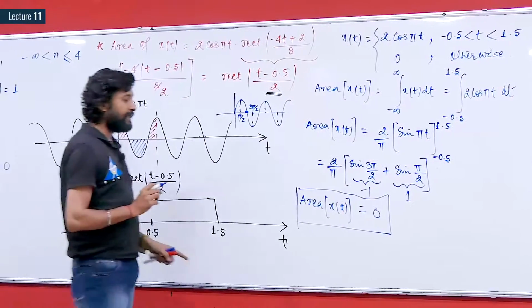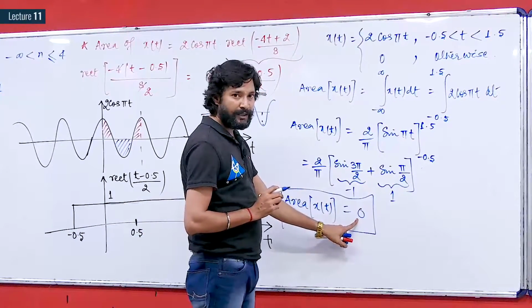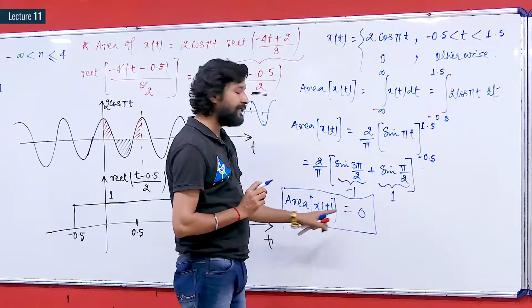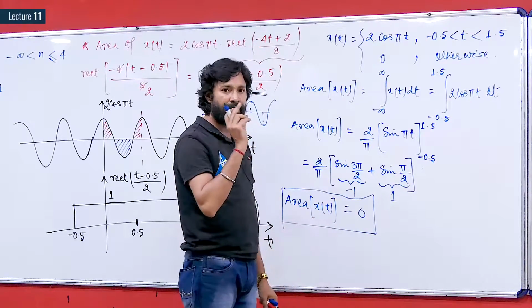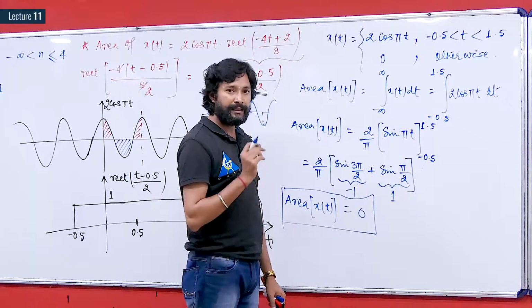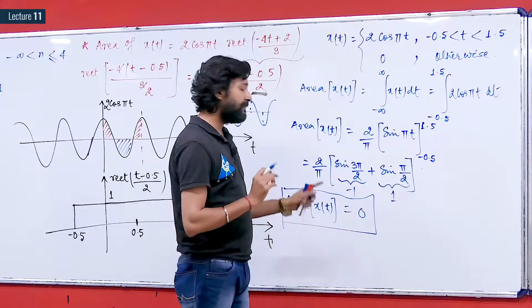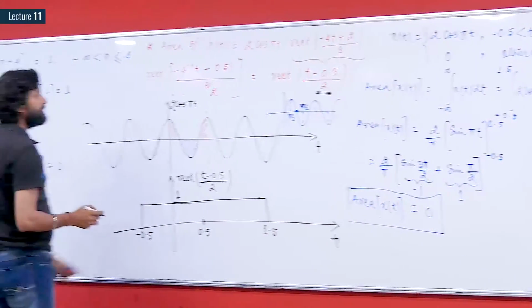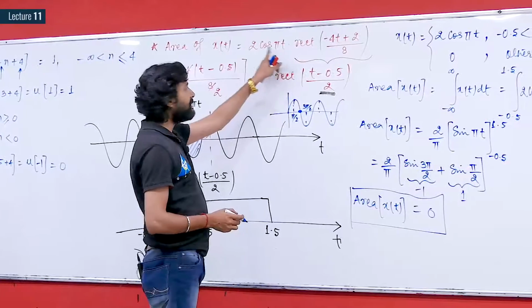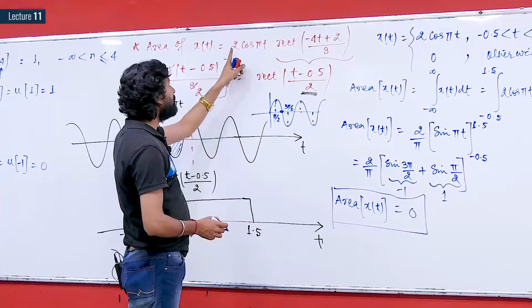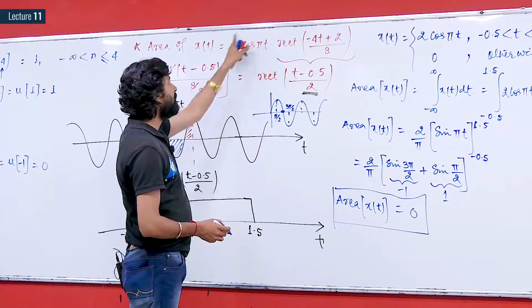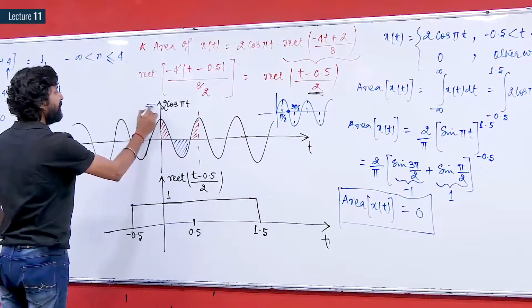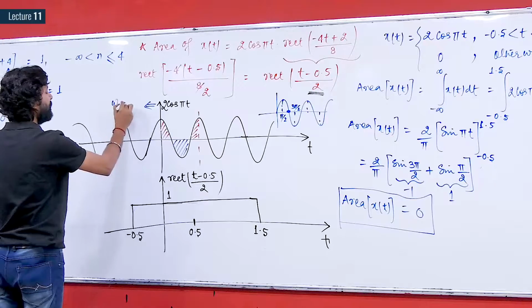So in this interval, if you are getting total area equal to 0, you can conclude that you have integrated the cos function over an integer multiple of its time period. We have not discussed this yet, but you know that if there is a representation 2 cos pi t, it can be compared with a cos omega naught t. So for this function omega naught is equal to pi.